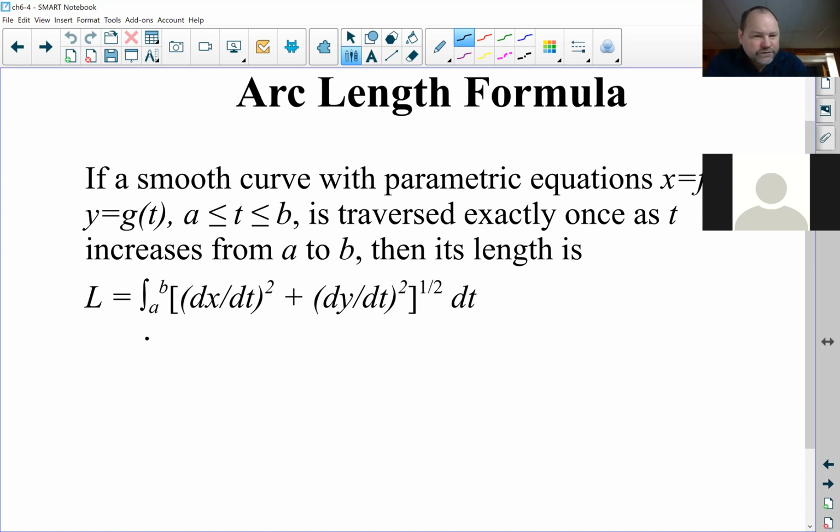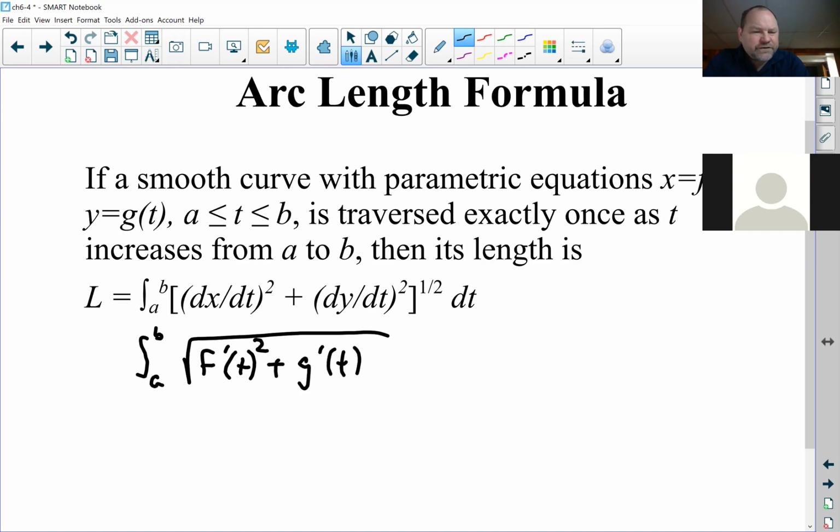So another way that you could write this is it's the square root of f prime of t squared plus g prime of t squared.